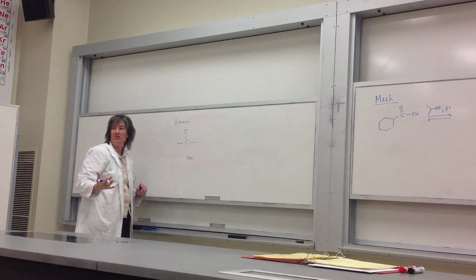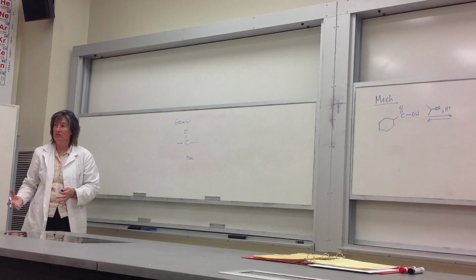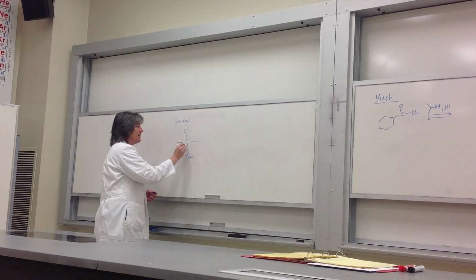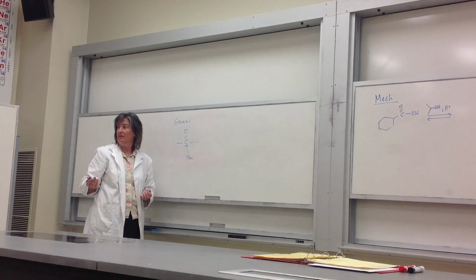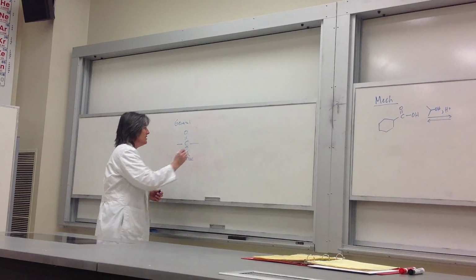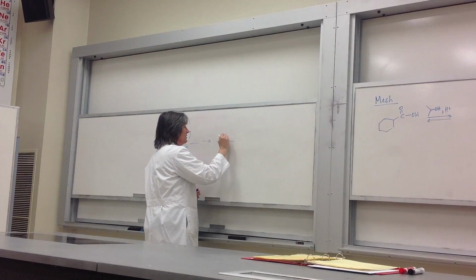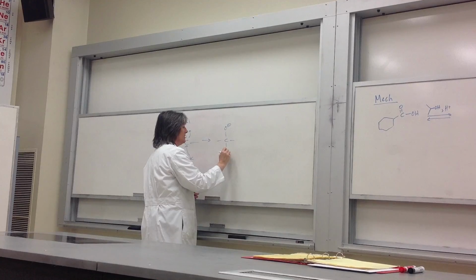We saw this with ketones and aldehydes. You add something that can be a nucleophile, like the alcohol. The nucleophile will attack at the carbonyl. We've seen that a lot. And you end up having electrons go up onto the oxygen. We have O minus.